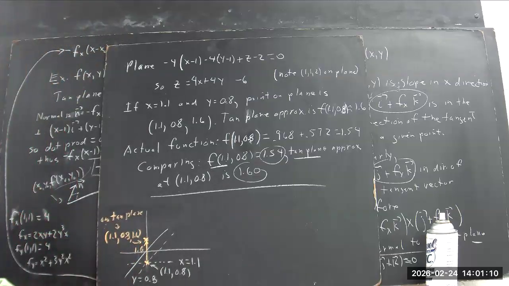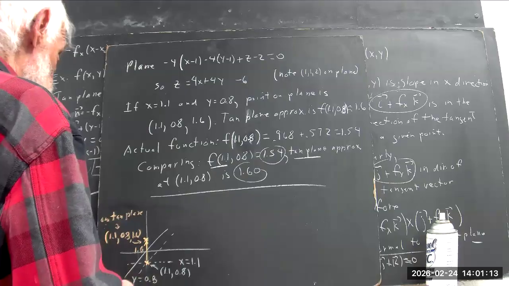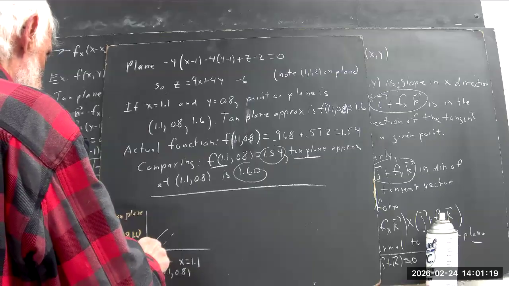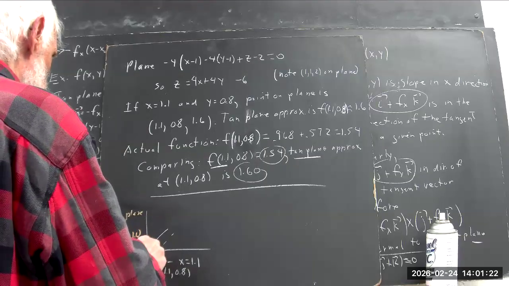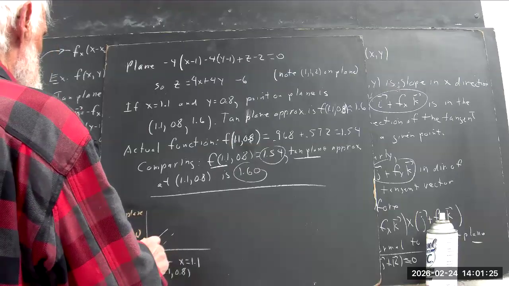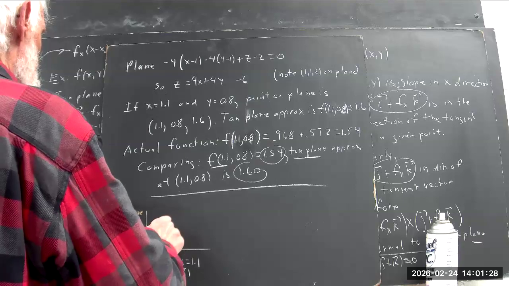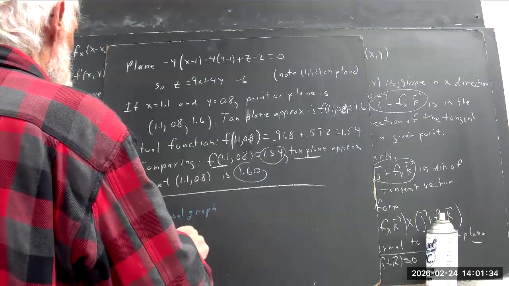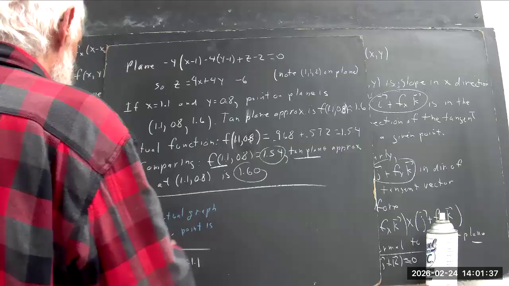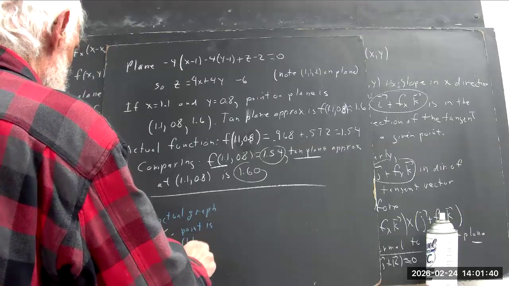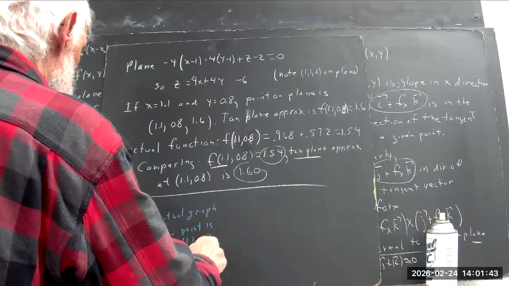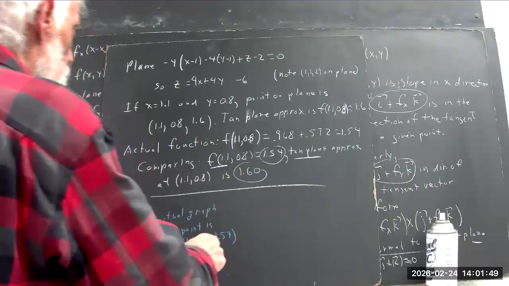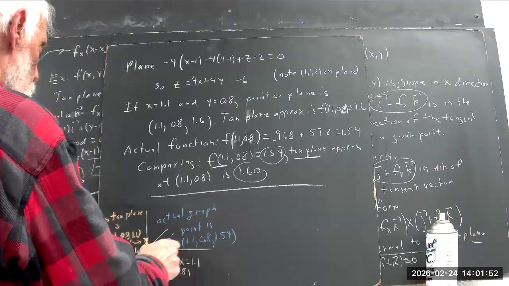Arrow or vertical line is 1.6 units long. The actual function, something like 1.1, 0.8, 1.54.